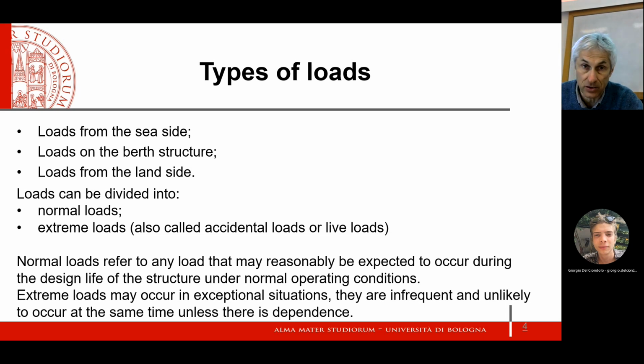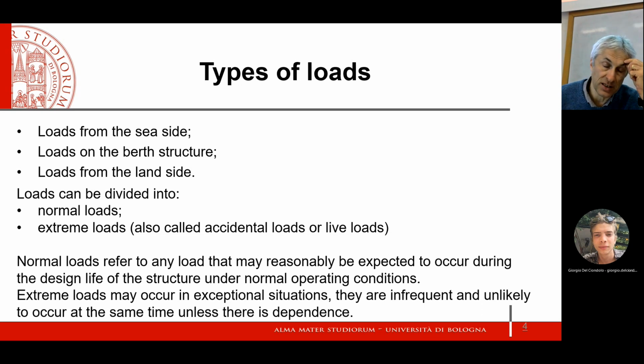It is likely that during extreme marine conditions, the ships are forced to approach a berth and to moor. So these two situations are dependent. Dependence means that they can co-occur, and therefore dependence is extremely important.